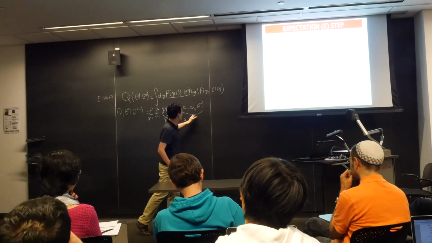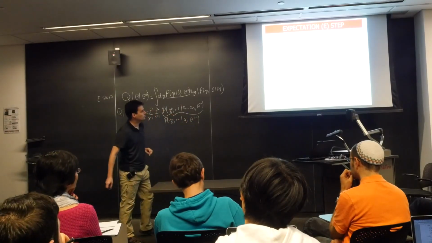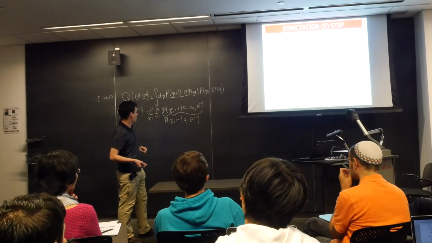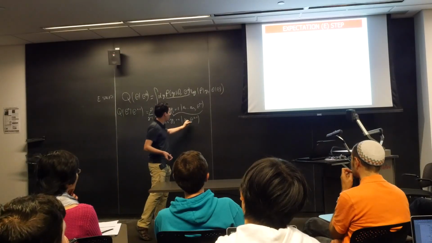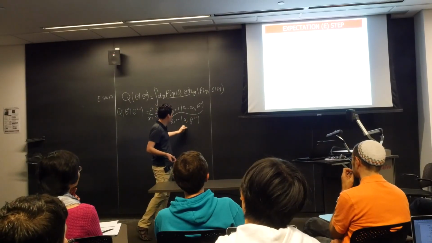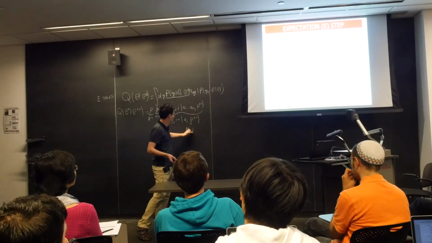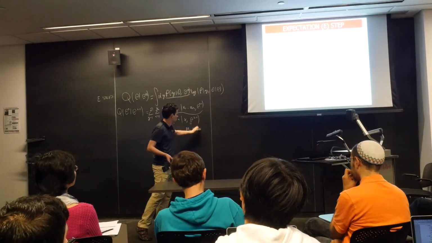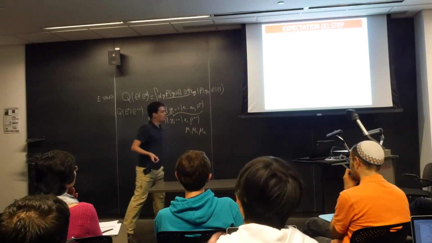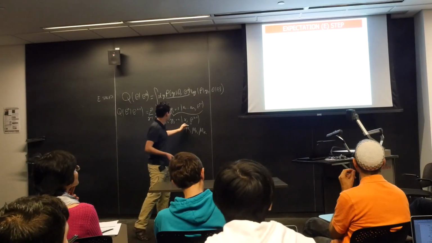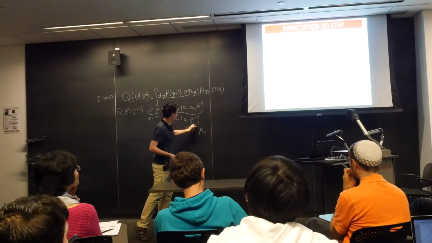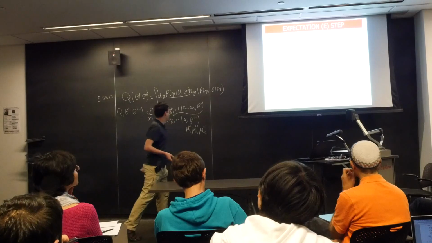It's theta t minus 1. Okay, and what's theta in our case? I just want to estimate the parameters mu1, mu2, mu_k at time step t minus 1.